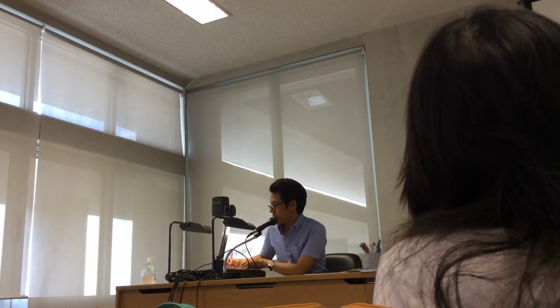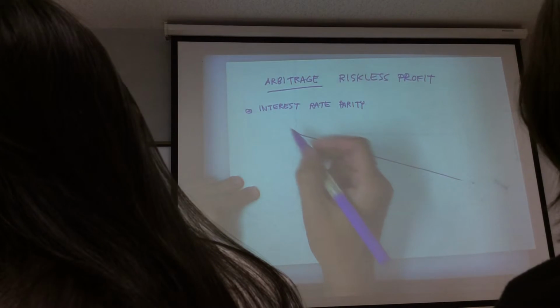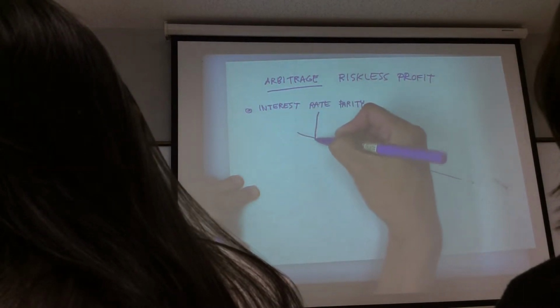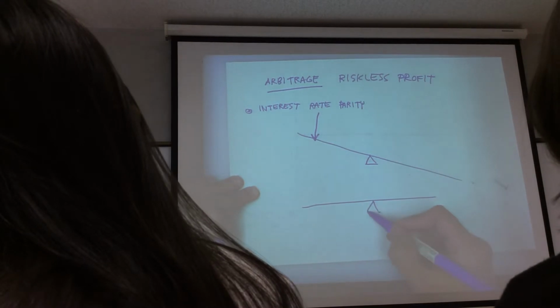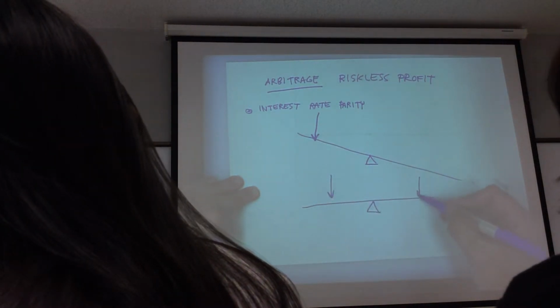So interest rate parity, in easy terms, is trying to eliminate the arbitrage opportunity. Once the price is higher on one side, you're making arbitrage there. This parity tries to make the price on this side lower and make it the same.